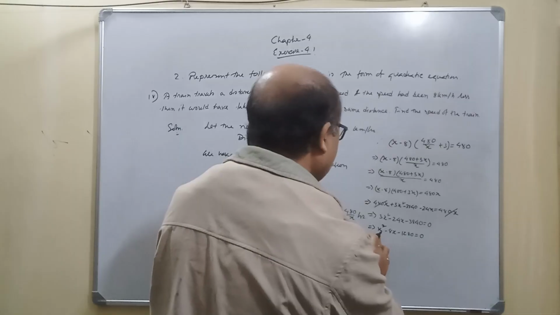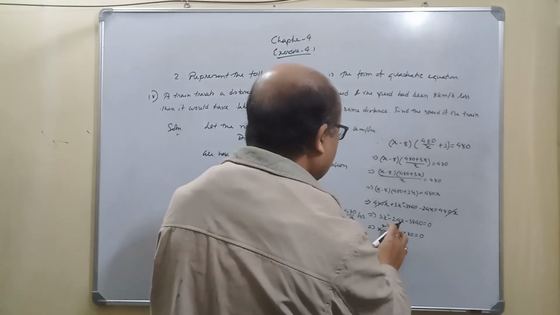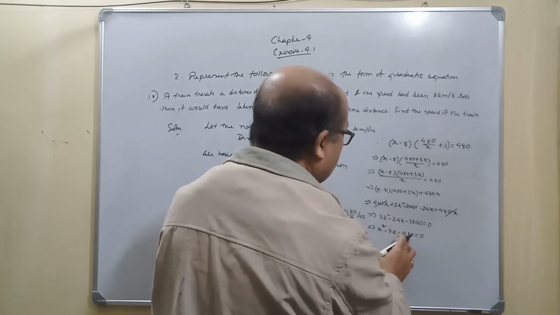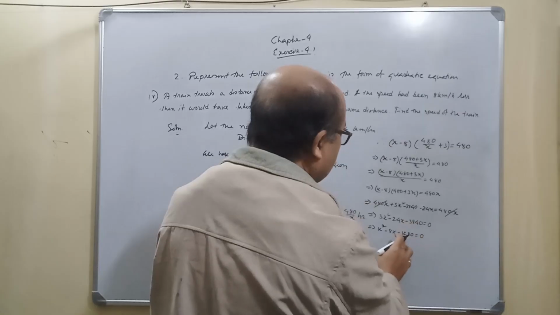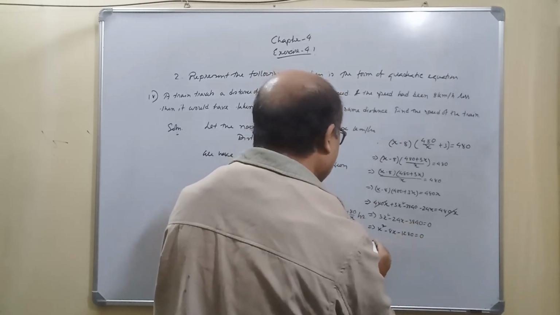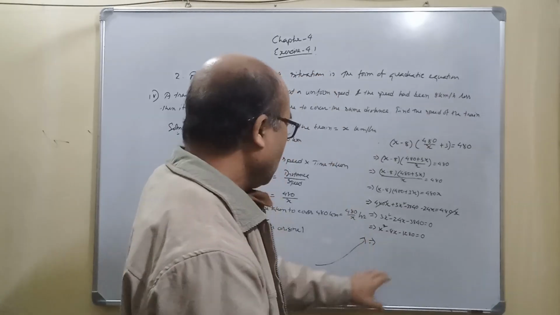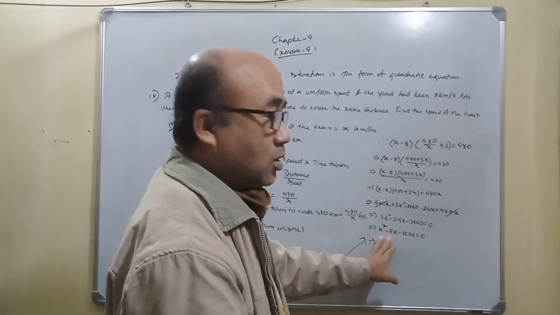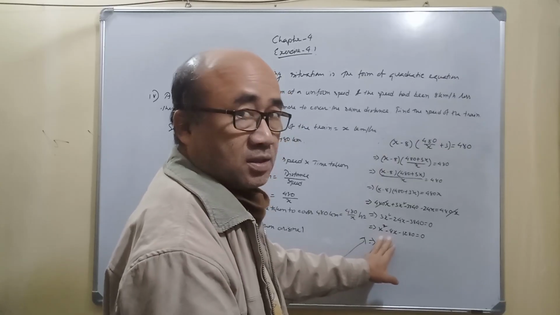Right? 3 divided by 3 is 1, 24 divided by 3 is 8, 3840 divided by 3 is 1280. So we need to solve it by completing the square or factorization.